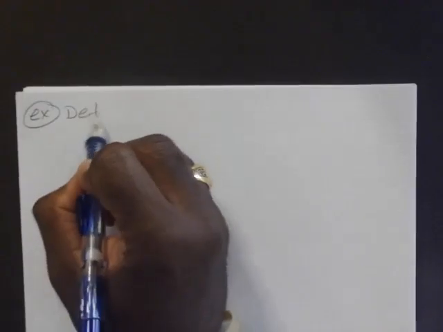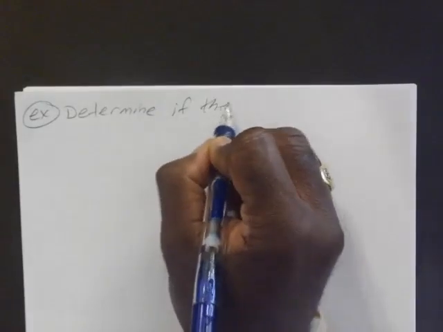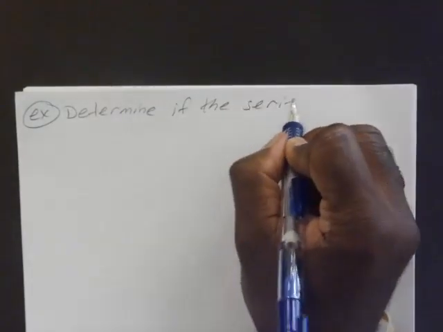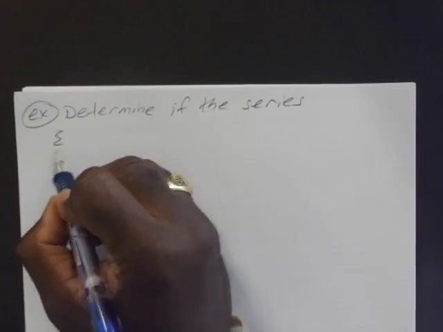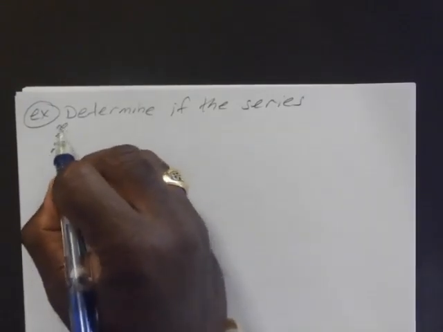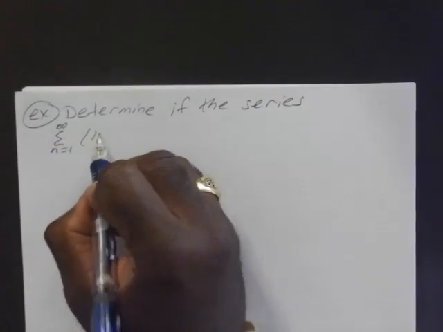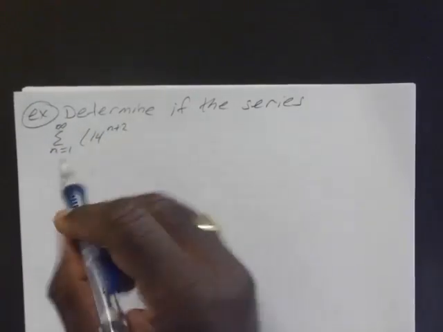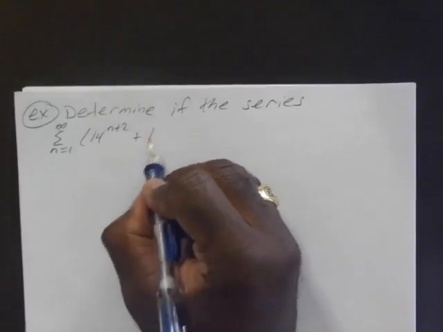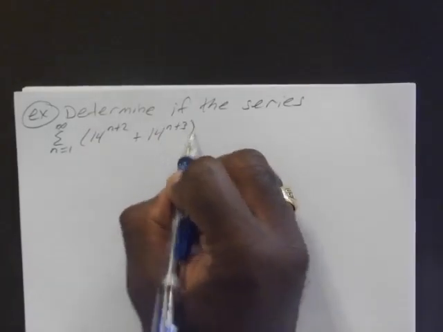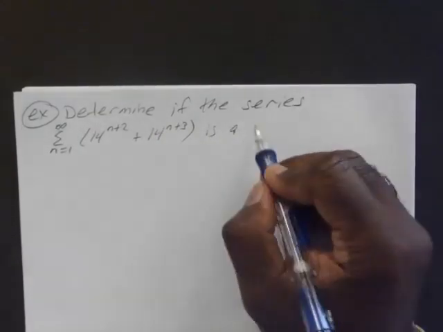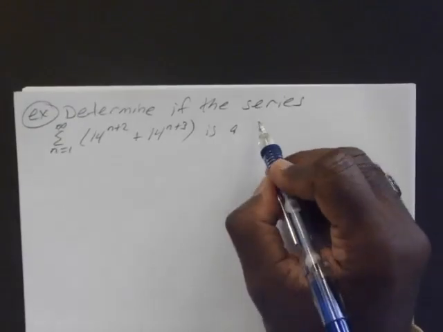So let's say, for example, if we wanted to determine if the series, the sum from n equals 1 to infinity of 14 to the power of n plus 2 plus 14 to the power of n plus 3, is a telescoping series.